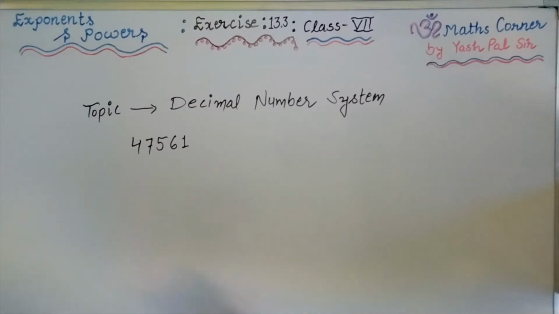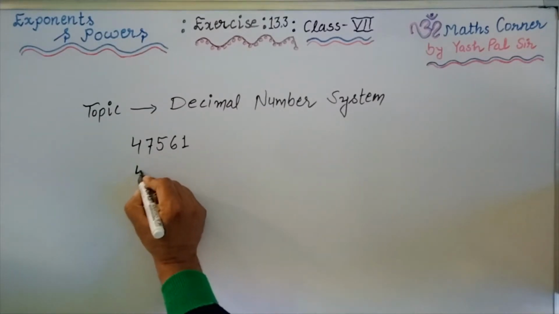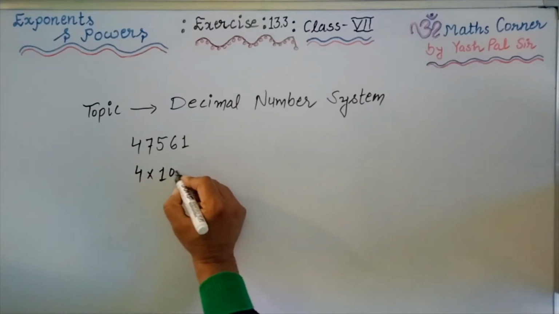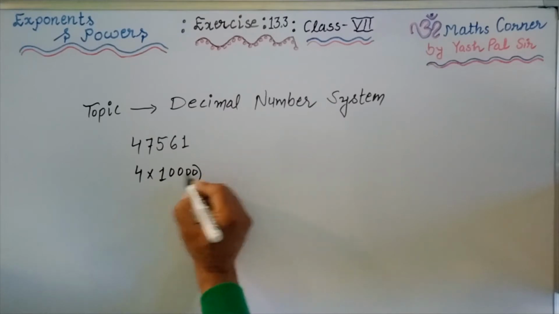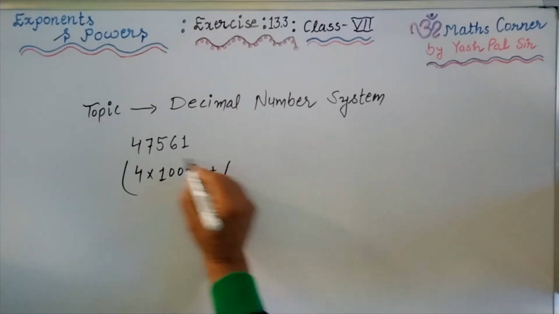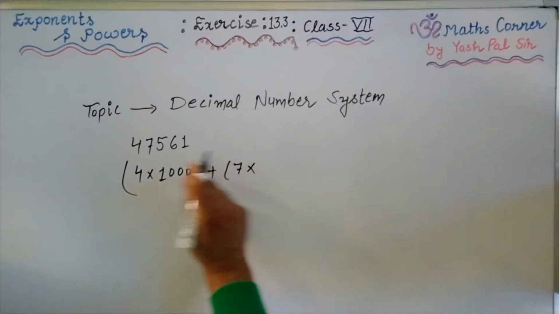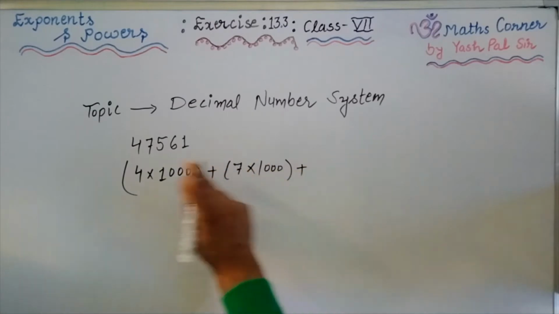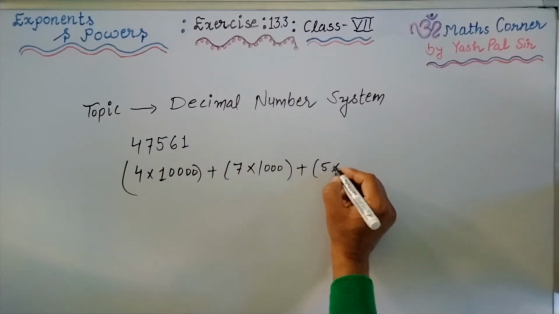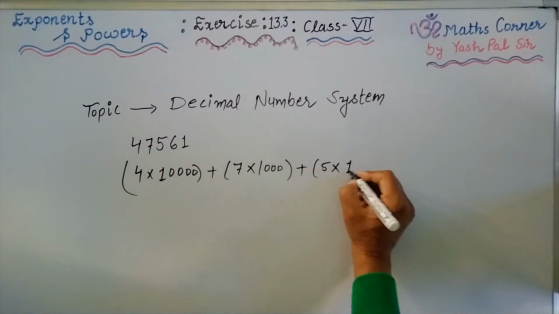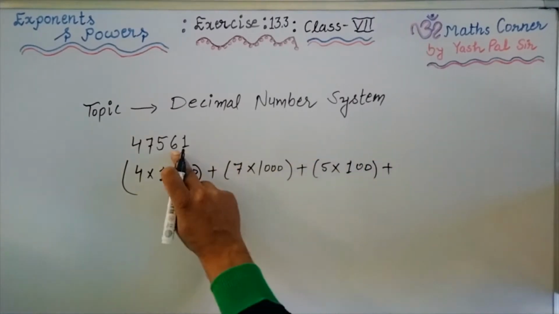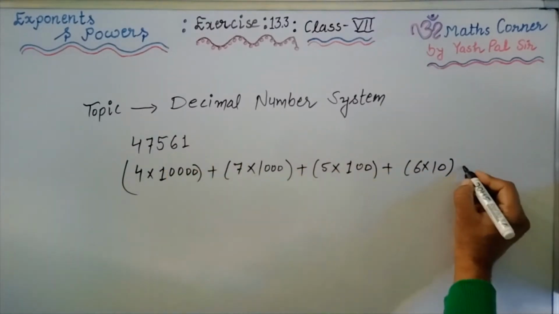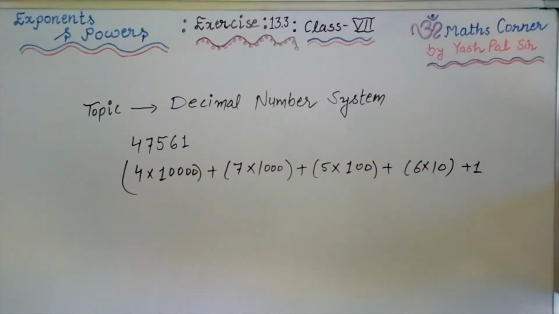We can write this number as 4 into 1 with 4 zeros, plus 7 into 1 with 3 zeros, plus 5 into 1 with 2 zeros, plus 6 into 1 with 1 zero. Lastly we have 1, right?